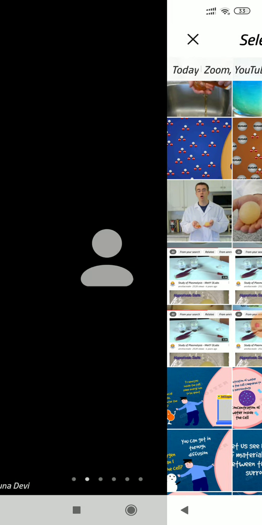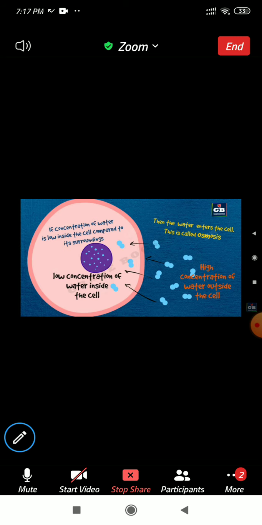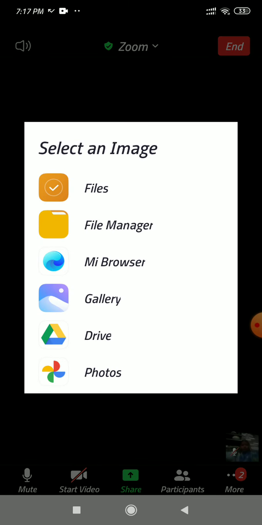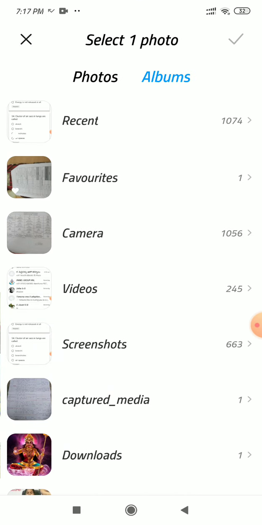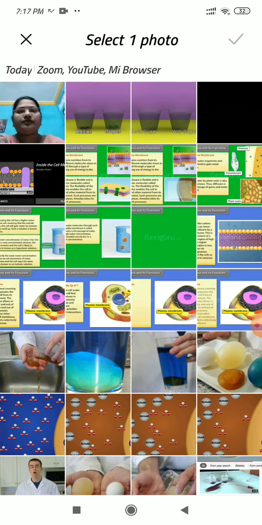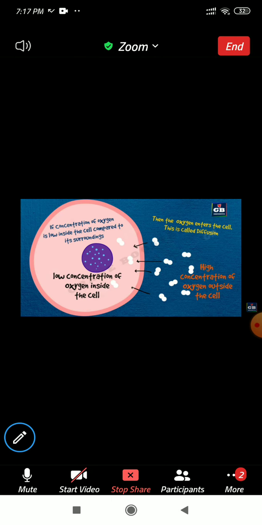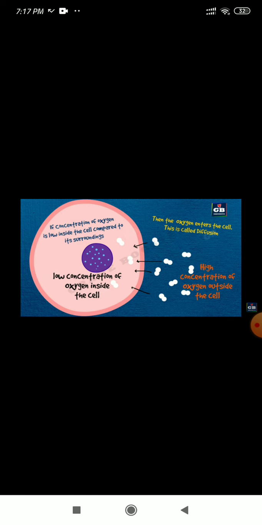See here, even oxygen, carbon dioxide, water, and components like carbohydrates, proteins, fats.